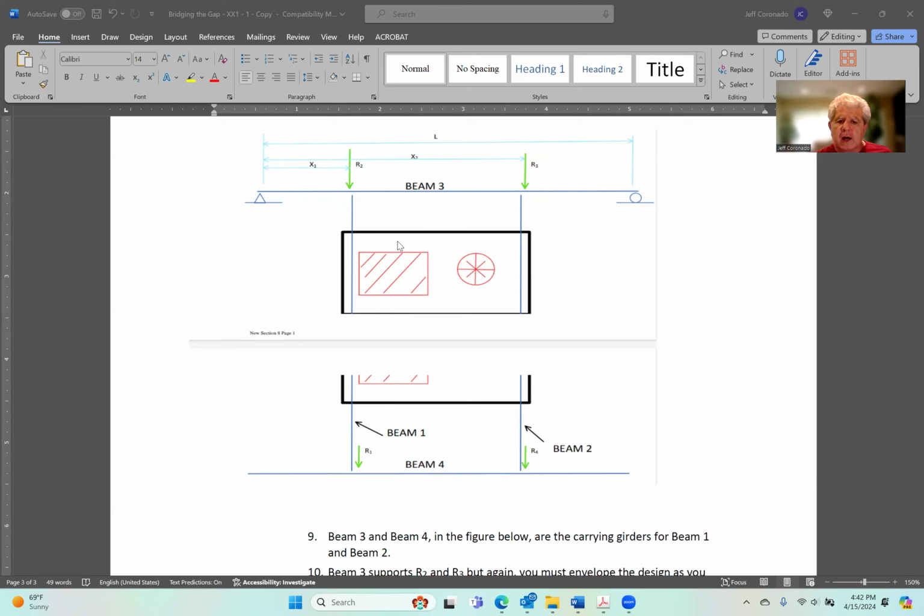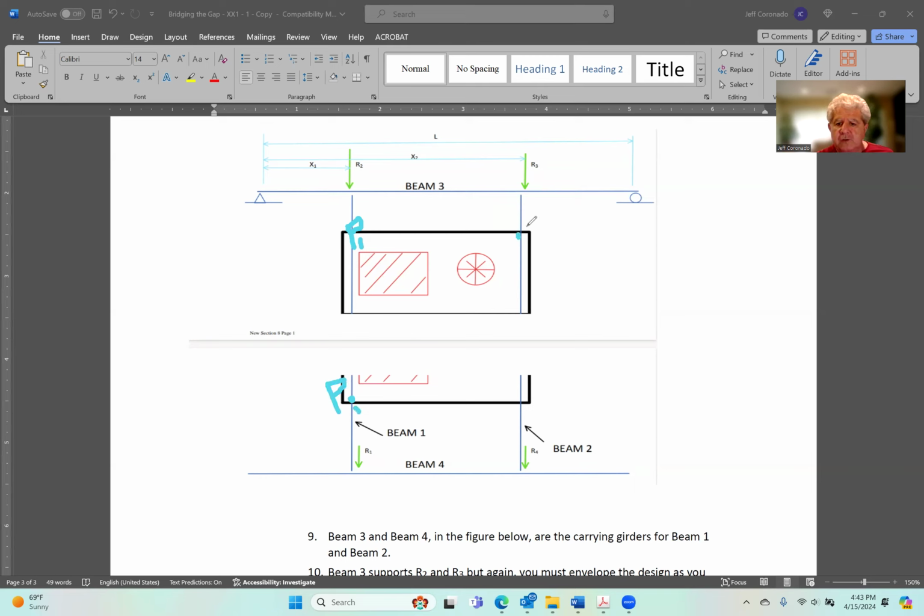Meaning you have to do beam 3, you almost have to analyze it twice. You have to analyze it if the heavy corner weights, if P1 were here and here, right?